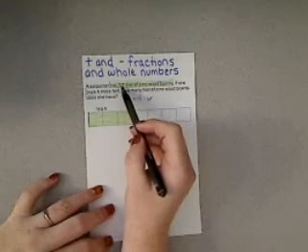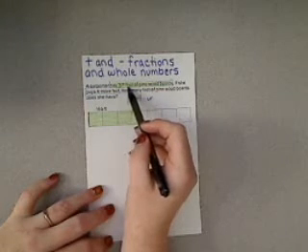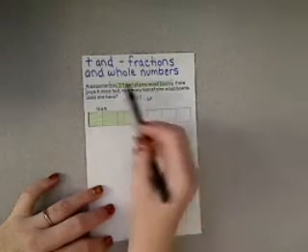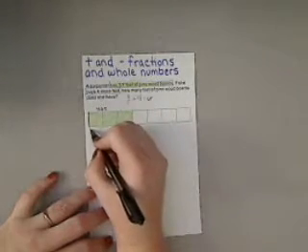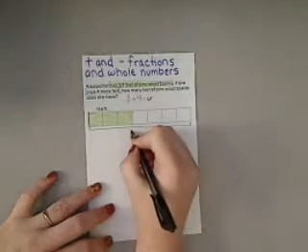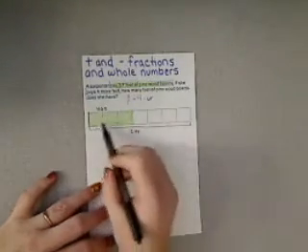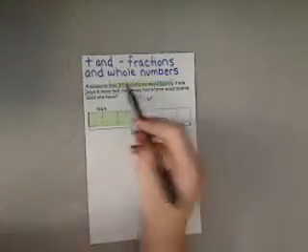So in my mind, I'm thinking, okay, well, if 3 pieces out of 7, that's going to tell me that this entire bar is 1 foot. So that means that each foot is split into 7 pieces.